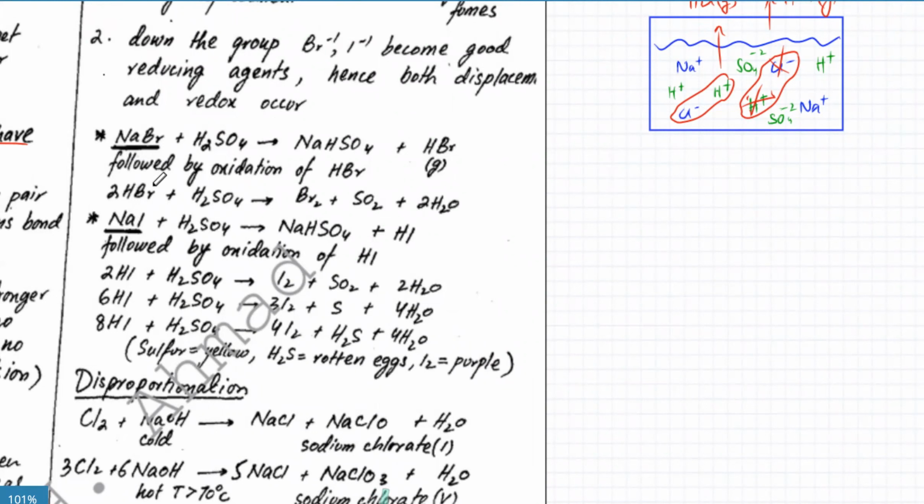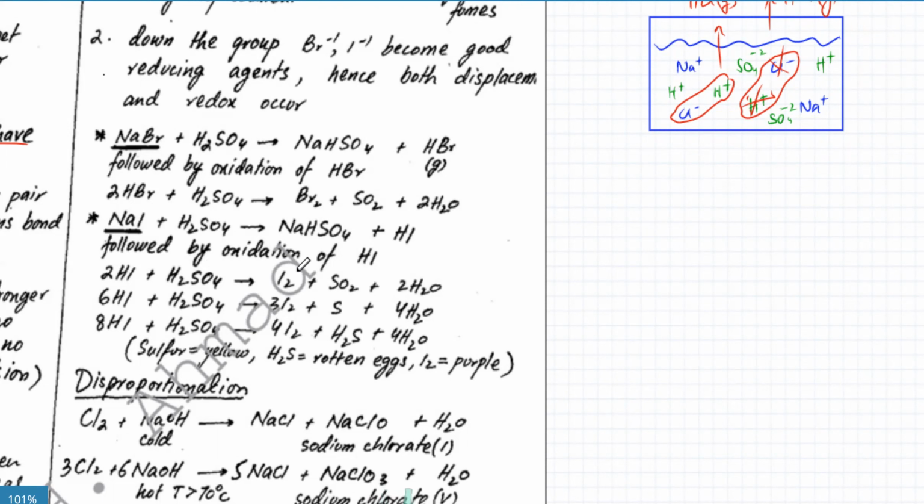But the Br-1 would tend to lose electrons, give its electrons to sulfur, and sulfur is going to get reduced. So Br-1 would lose electrons to form bromine. I-1 does the same. I-1 is an even better reducing agent. So I-1 loses electrons, gives its electrons to sulfur. So sulfur gets reduced to SO2 or H2S. And meanwhile, I-1 turns into I2.